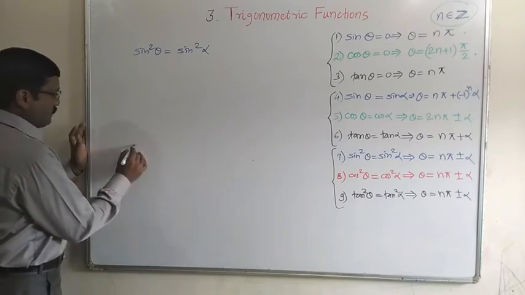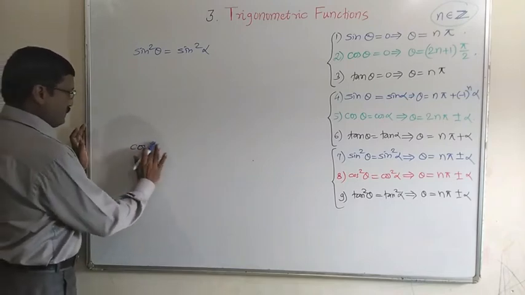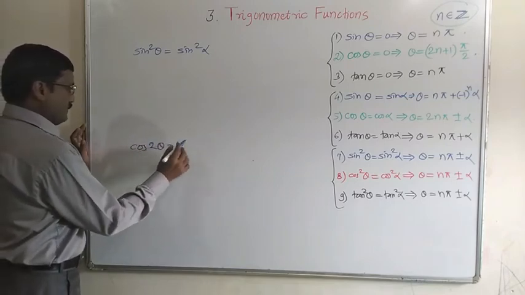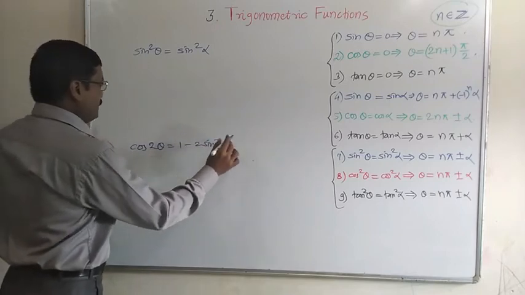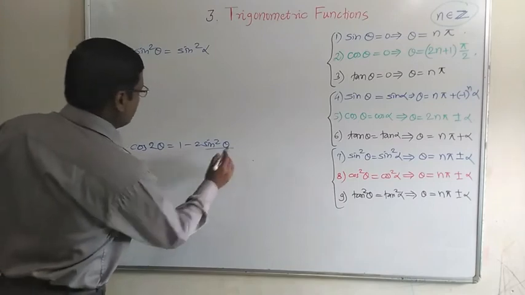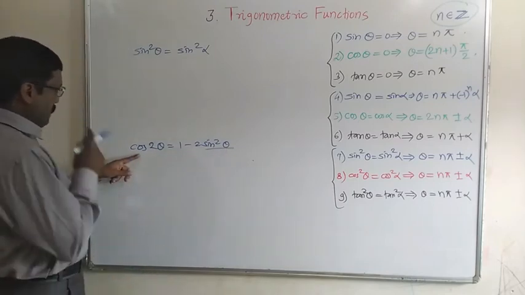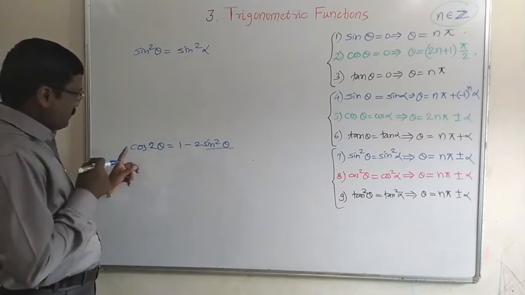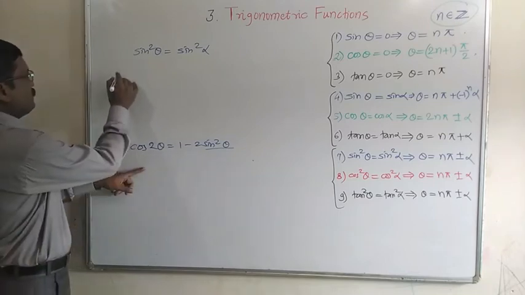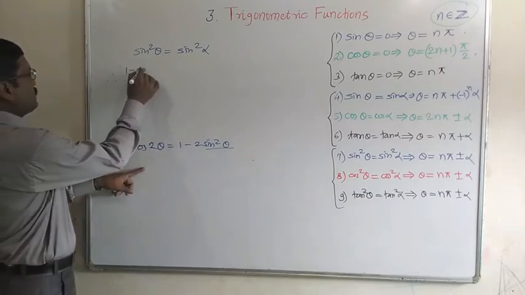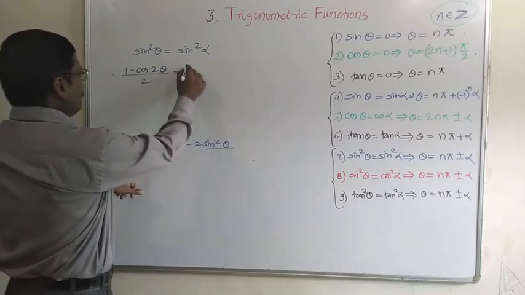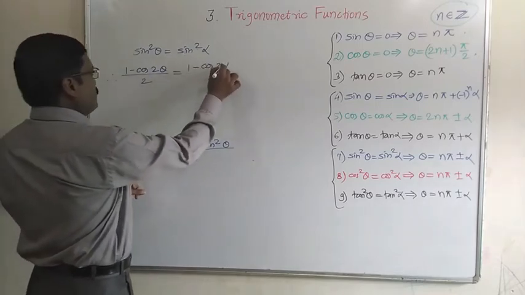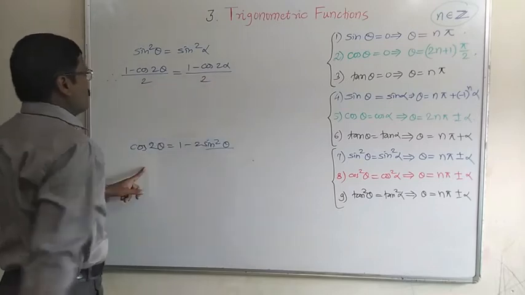We know the double angle formula, cos 2 theta is equal to 1 minus 2 sin square theta. So sin square theta is equal to 1 minus cos 2 theta upon 2. So we get 1 minus cos 2 theta upon 2 is equal to, similarly, 1 minus cos 2 alpha upon 2.